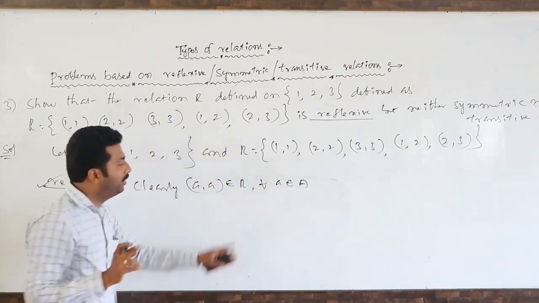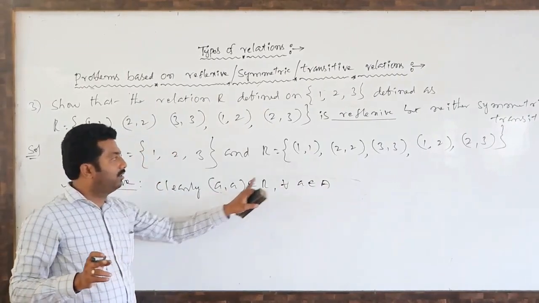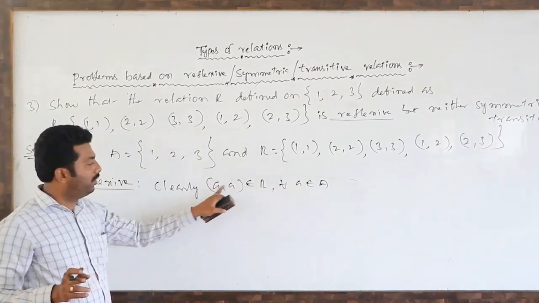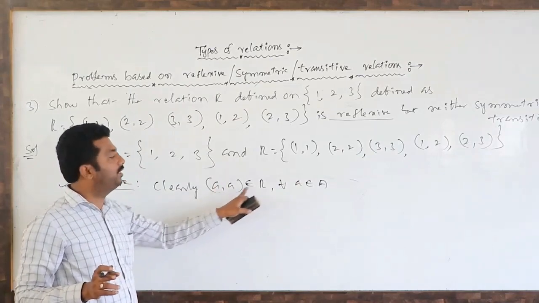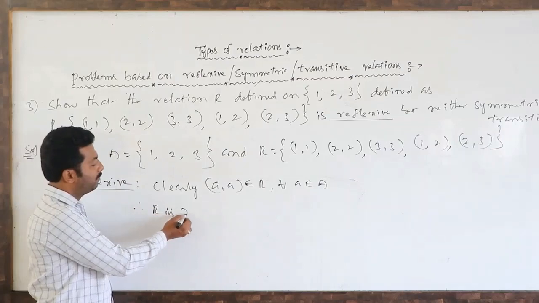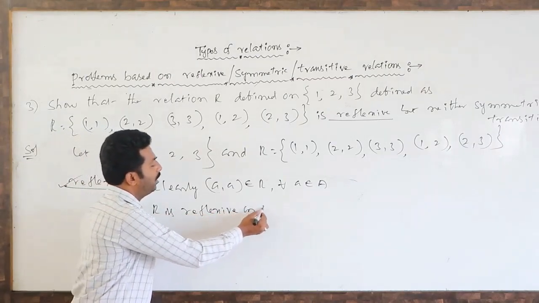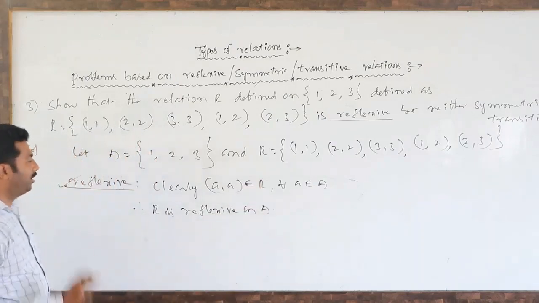What is the meaning? Every member in capital A is reflecting. Suppose 1 is there, 1 is there; 2 is there, 2 is there; 3 is there, 3 is there. Therefore, capital R is reflexive on the non-empty set capital A.